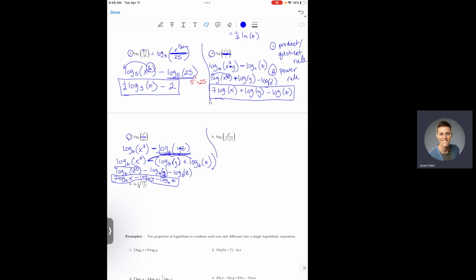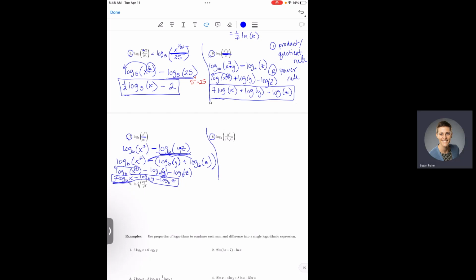All right, number 8. And actually, before we do this one, I also wanted to point out, just like I did in number 6, in number 7, x to the 7th was the thing that was on top. Its logarithm is positive.